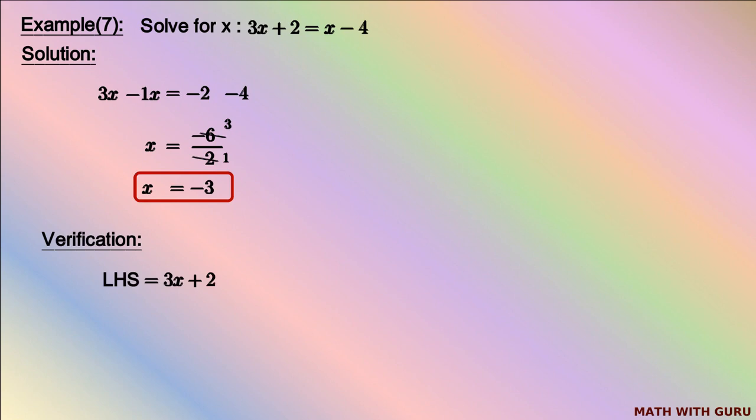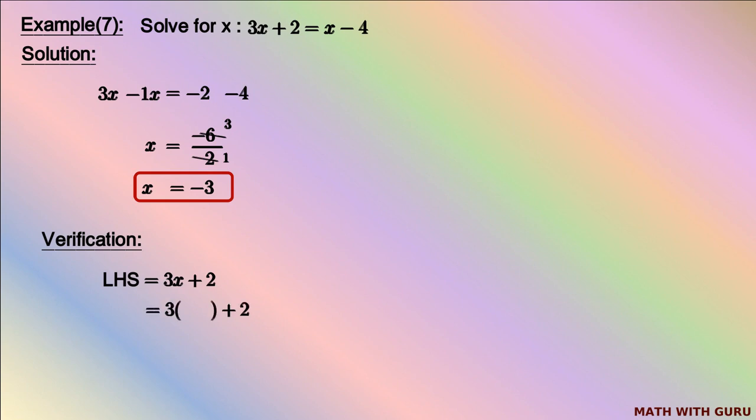LHS equals 3x plus 2. Note here that you cannot start from LHS and arrive at RHS in such examples. What we do here is we evaluate LHS and RHS separately and then show that they are equal.